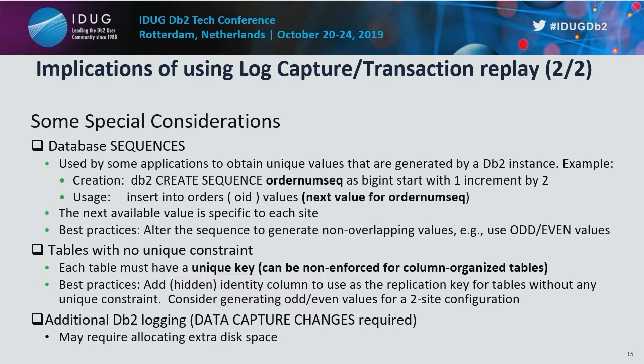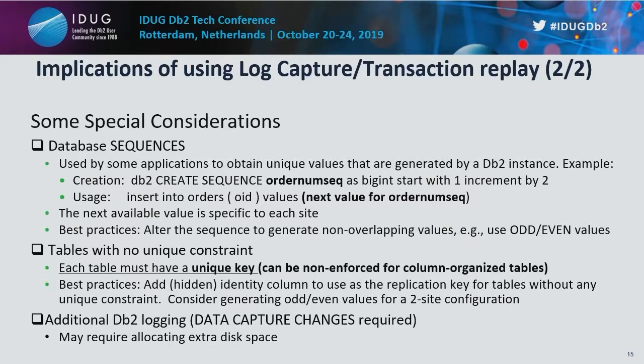So basically, I can do create sequence order number as a bigint, start with 1 increment by 2. I'm on site A, and the application will insert into some table the next value for that sequence. So it's running on site A, it inserts rows, so it gets 1, it gets 2, it gets 3. And this is replicated. So that table on site B has the values 1, 2, 3. However, the sequence object belongs to the database on site A.